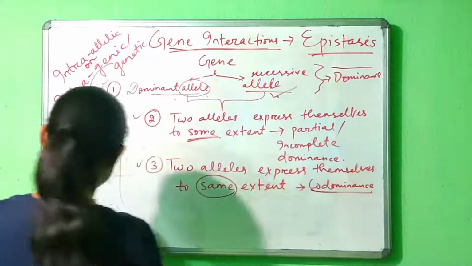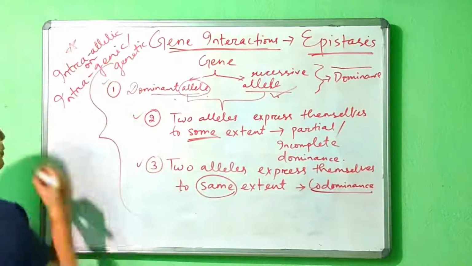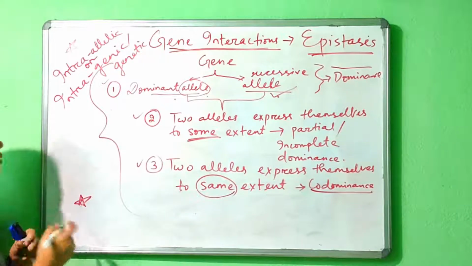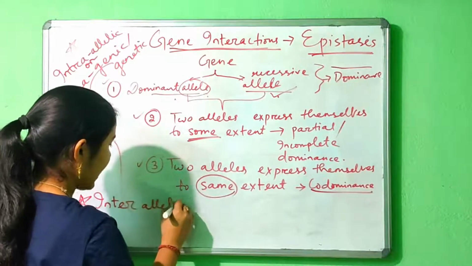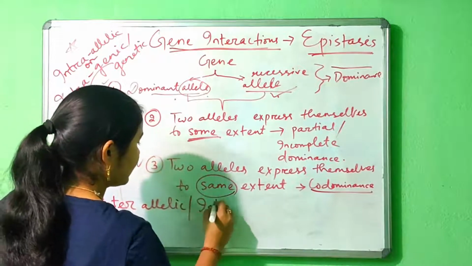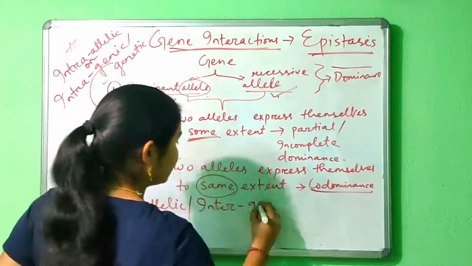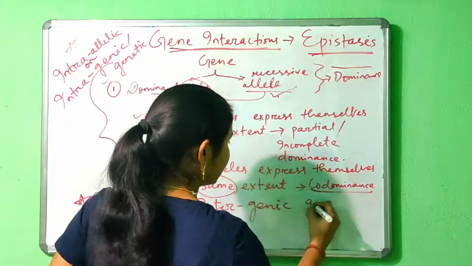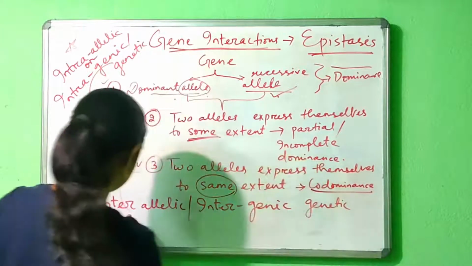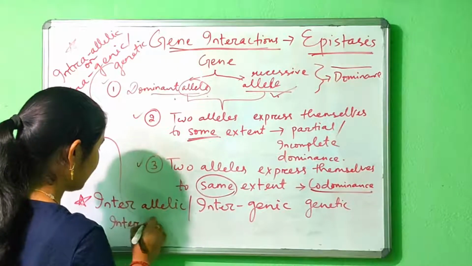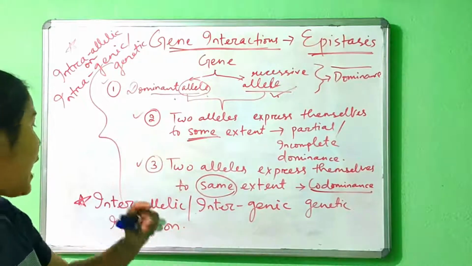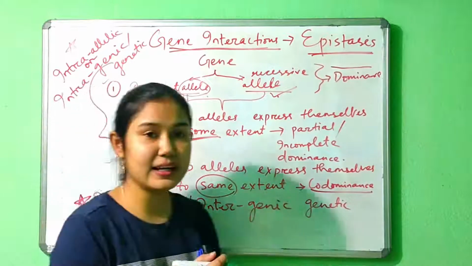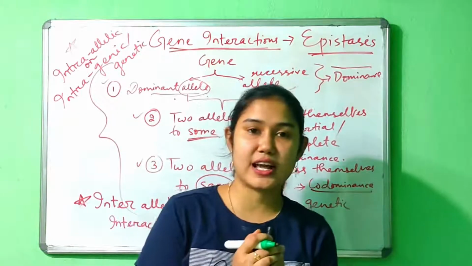So, another type of genetic interaction is also there. This is one type, and another type is known as inter-allelic or intergenic genetic interaction. Clear? So what happens in case of inter-allelic genetic interaction?